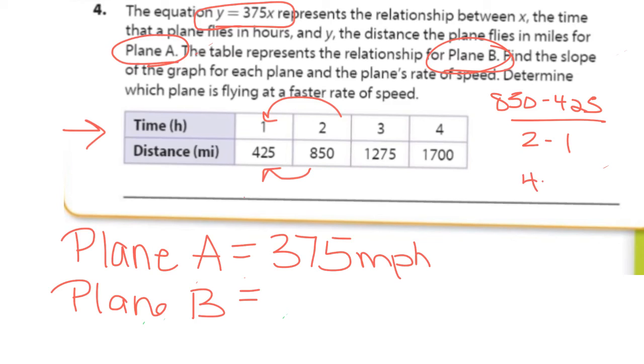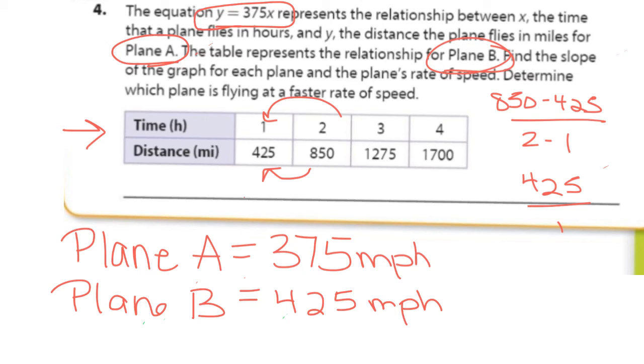So 850 minus 425 is 425, and 2 take away 1 is 1. So that gives me the rate for plane B is 425 miles per hour. And then it asked you to figure out who was faster. Well, since plane A's number is lower than plane B, I would say plane B was faster.